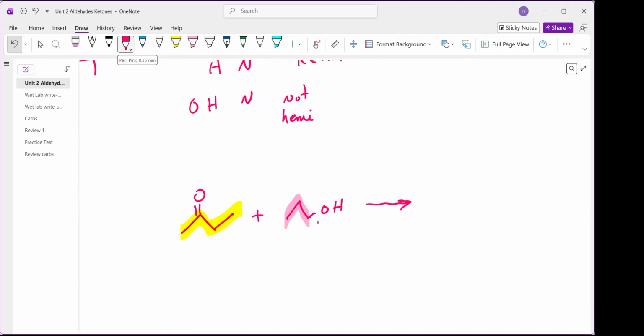Okay, so what happens is this carbon here attaches there. So this is going to be the anomeric carbon. So we'll repeat the primary backbone. And then we add in the first alcohol. And again, it attaches to the anomeric carbon.